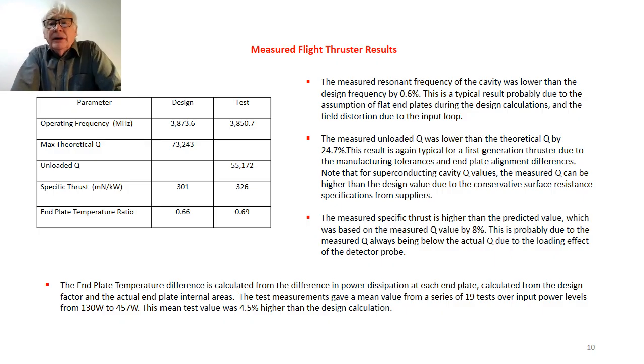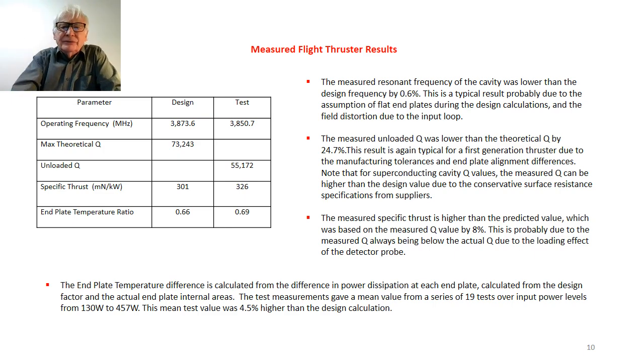If you remember, the unloaded Q of the cavity for an optimized design is actually twice what you measured as the loaded Q, because in this situation the Q of the input circuit is the same as the unloaded Q of the cavity.